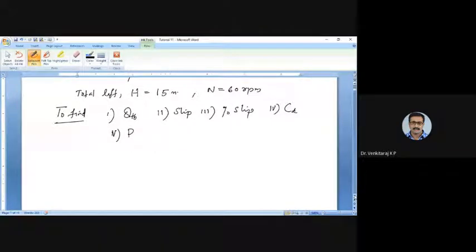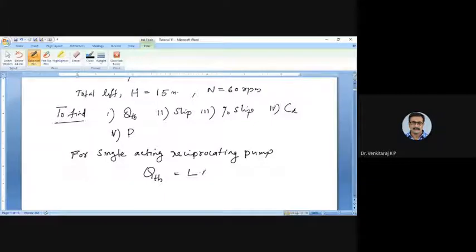So the theoretical power you can determine using the equation for the single acting pump. It's mentioned that this is a single acting pump. So for single acting reciprocating pump, we have theoretical discharge Q theoretical is L A N by 60.